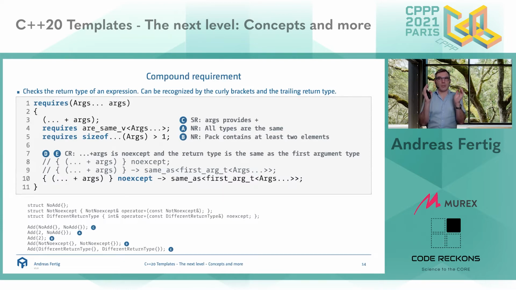And this is the first check that we can do with a compound requirement. This noexcept tells the compiler to check whether the expression in the curly braces is noexcept. And by that, we are checking whether operator plus is noexcept. So is this entire expression noexcept?